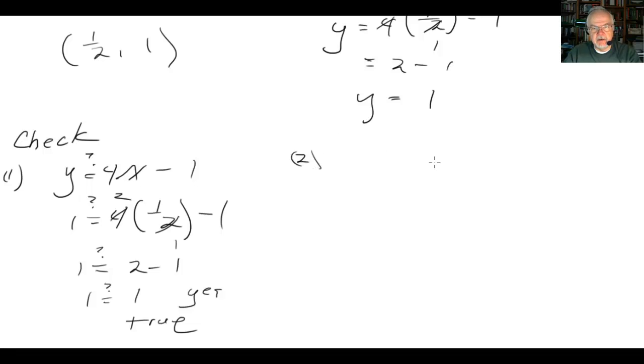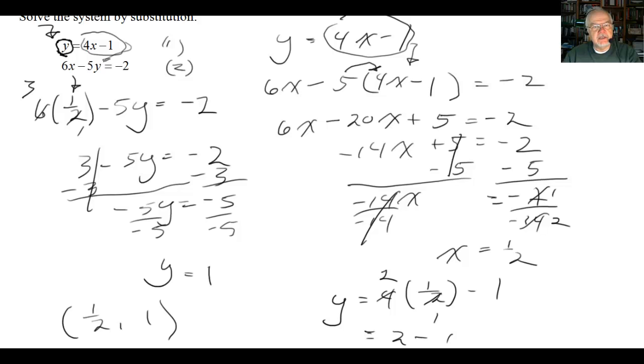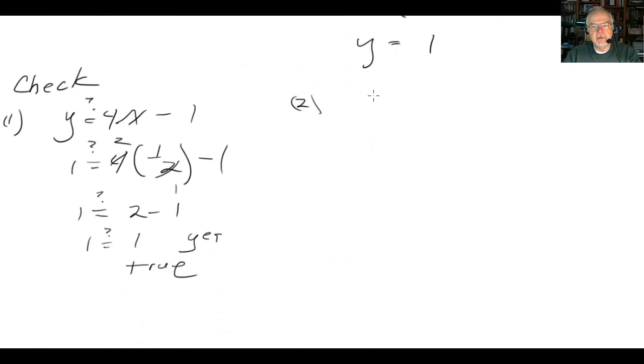Let's try the second equation. If that's true, then we've checked our solution. 6x minus 5y equals minus 2. What's y? y is 1. x is minus a half. No, I'm sorry, x is a half.